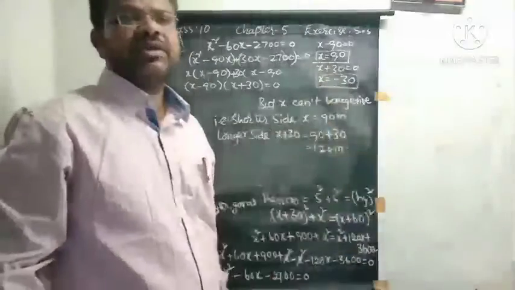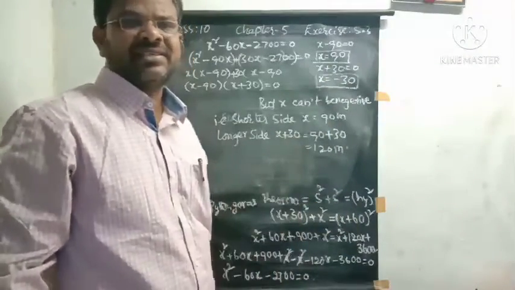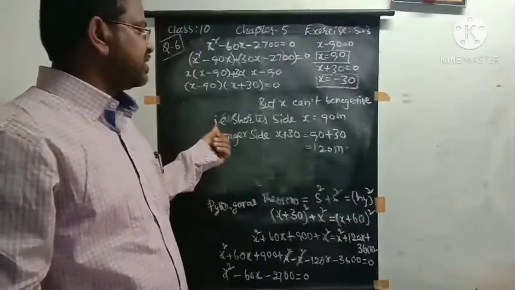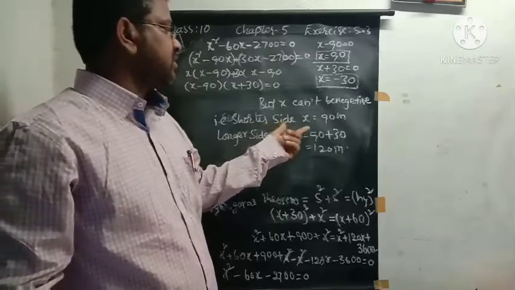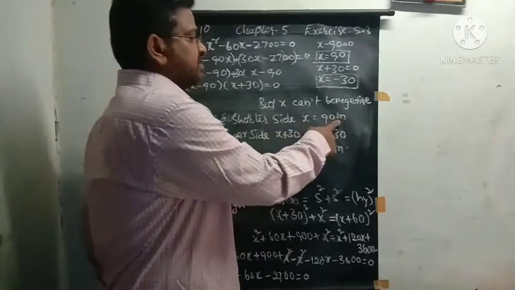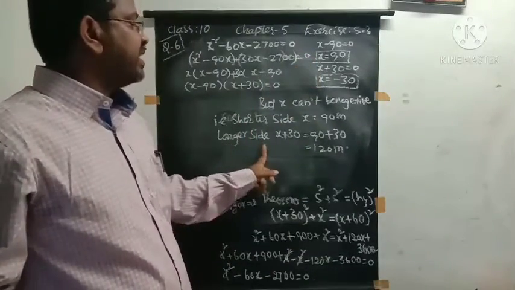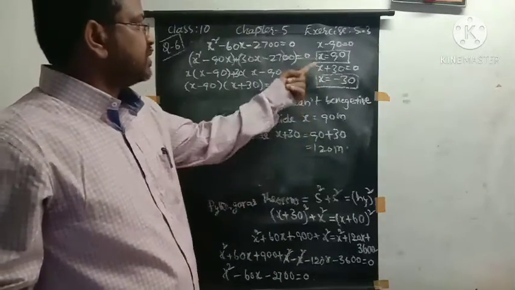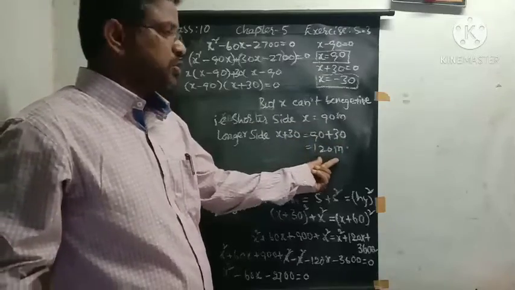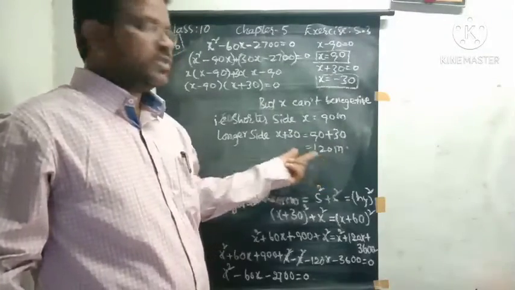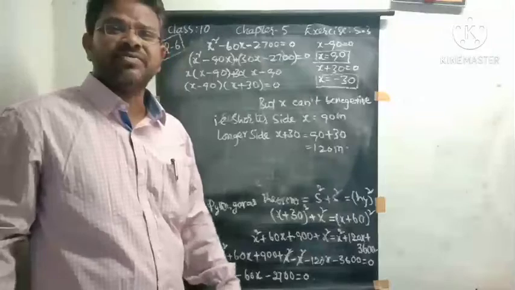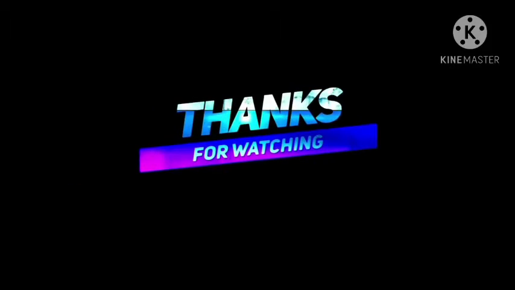Because negative values are not considered. So that is the shorter side. Shorter side is x, so that is equal to 90 meters. So longer side x plus 30, so 90 plus 30, that is equal to 120 meters. So these are the sides of the rectangular field.